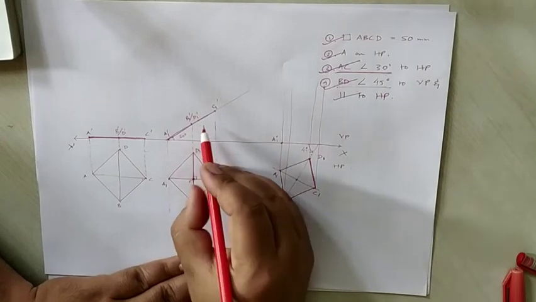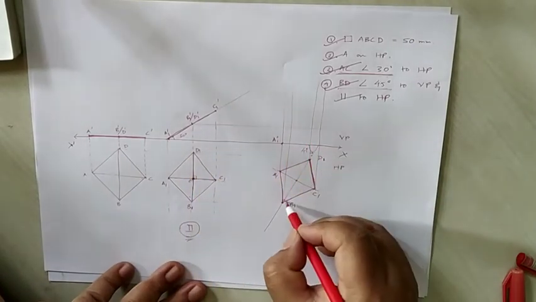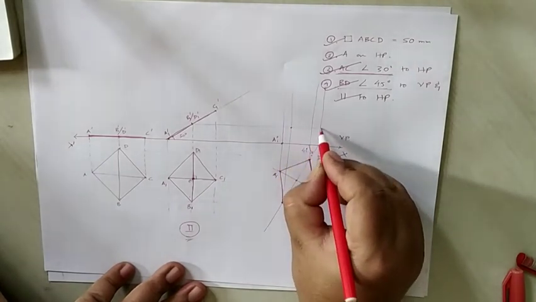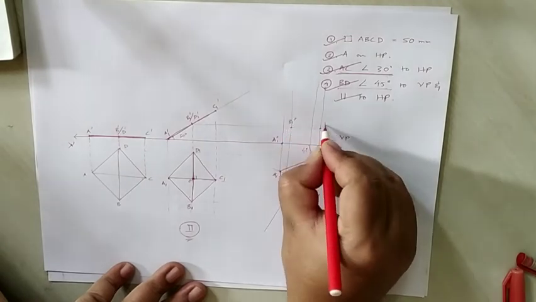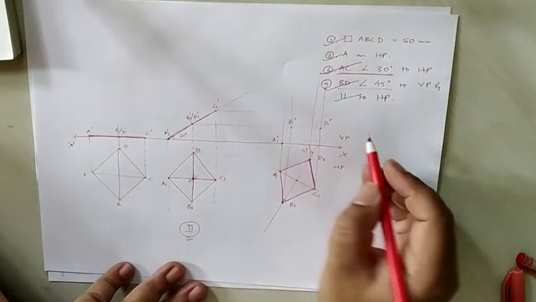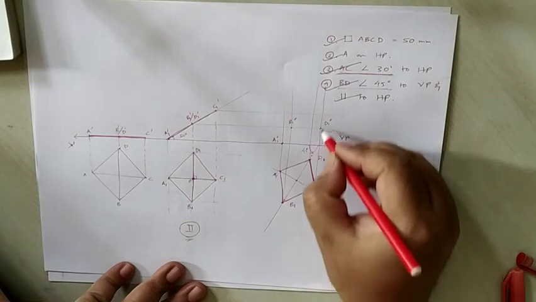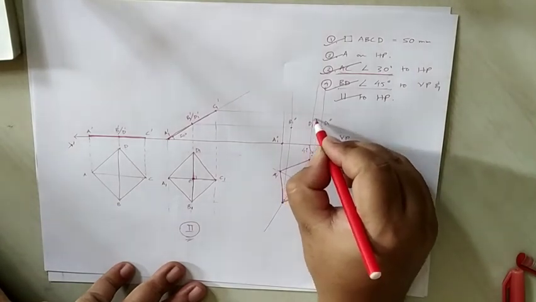This is the point of B and D. So where is B? Here. Where is D? It is on this line. So this will be B1 double dash. This will be D1 double dash. And this point is of C. This is D1 double dash.